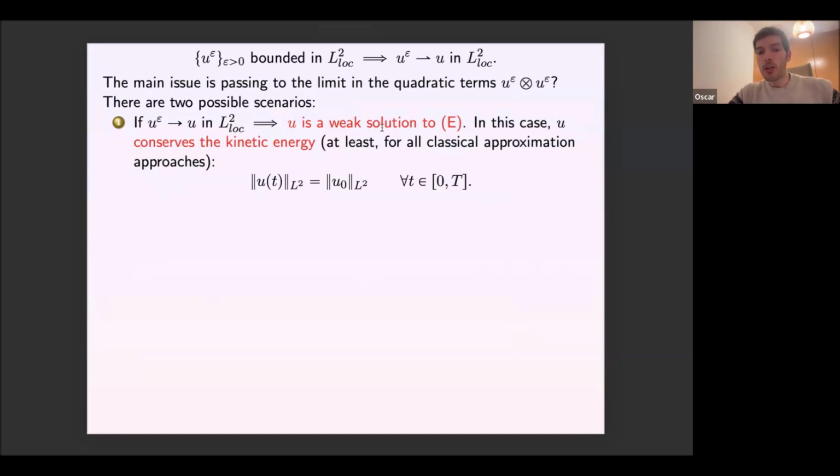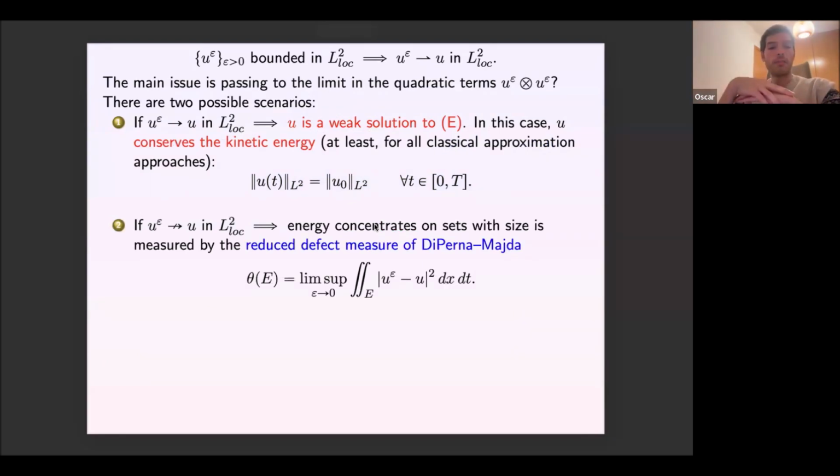Furthermore, one can show that in this case, U conserves the kinetic energy, at least for all classical approximation approaches. Okay? This means that the L2 norm of the velocity is preserved for all times. All right? And this is a very important property in fluid mechanics.